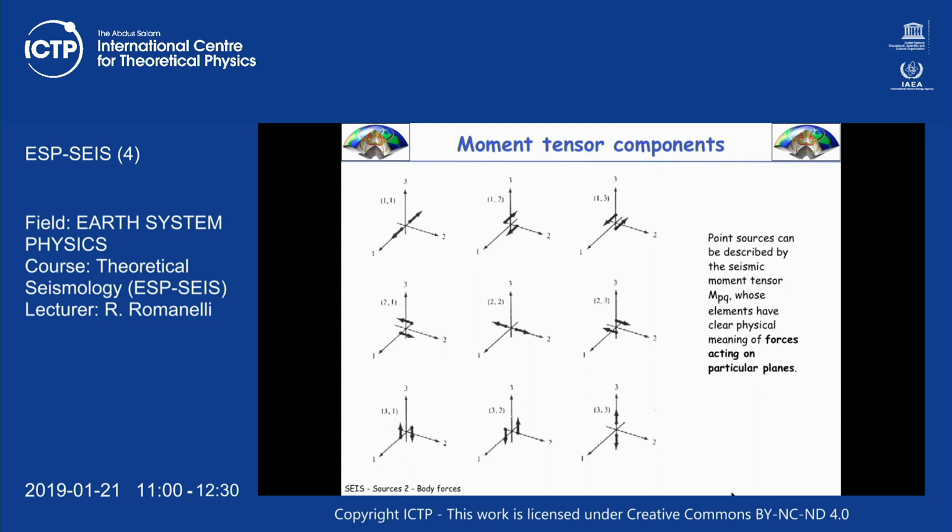If no explosion or implosion, their sum has to be 0. The off-diagonal terms are referring to couples, with forces pointing in some direction and the arm pointing in another one. And we will see this game today for a specific particular case, from which hopefully we're going to learn something.